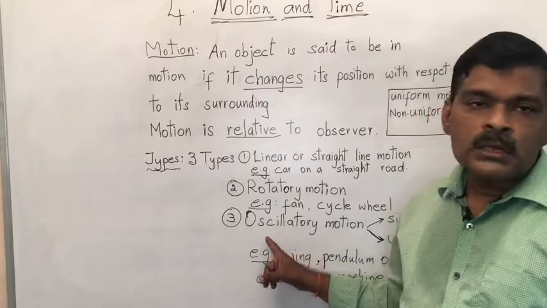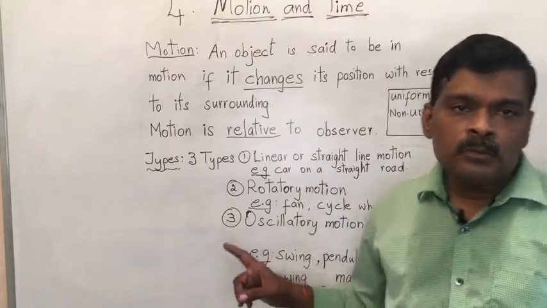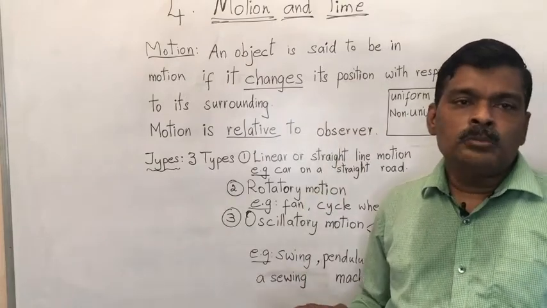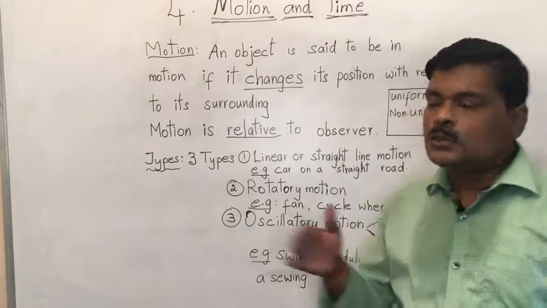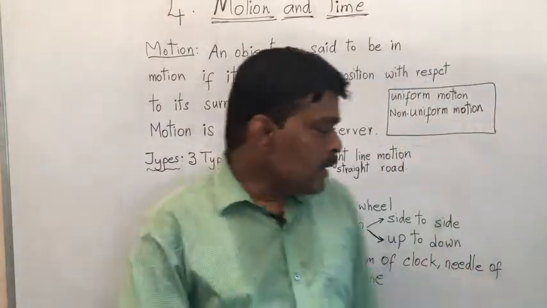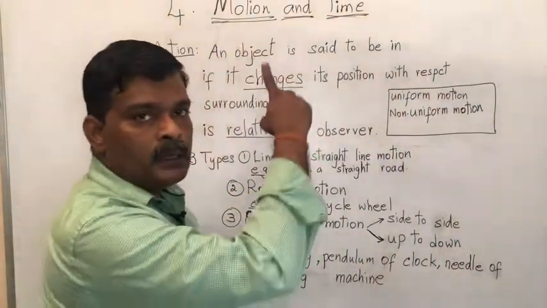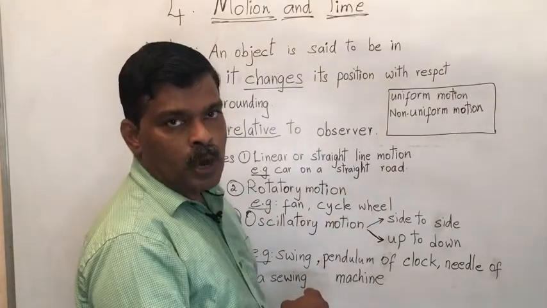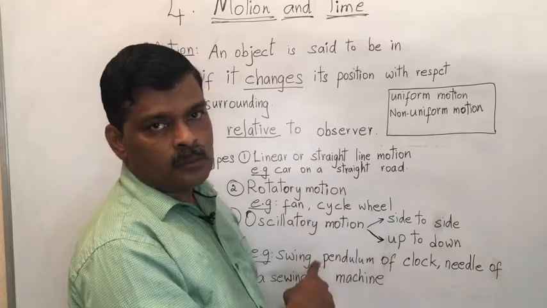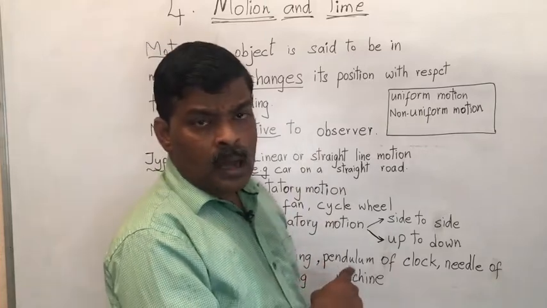Next one, oscillatory motion. What is oscillatory motion? According to the definition, from a fixed point, any object moves side to side or up and down. What is up and down? Moving upward and downward, top to bottom or bottom to top, moving in a straight line or curved line.